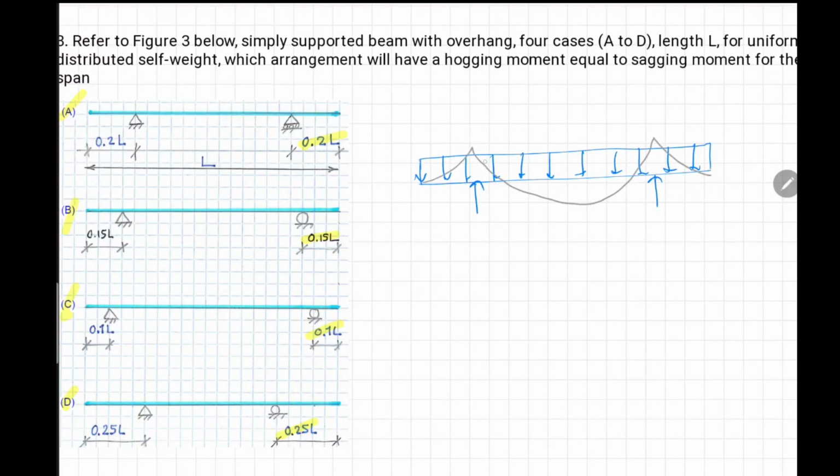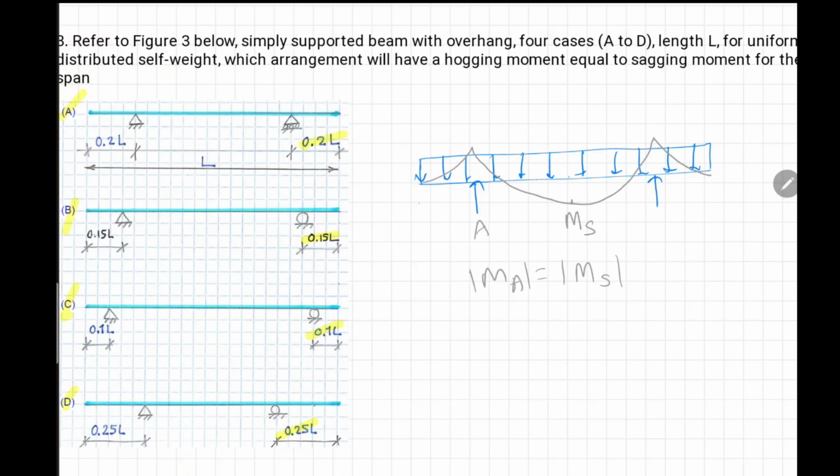They have asked which case will generate the moment MA the same as the span moment MS, the magnitude of MA equal to the magnitude of MS.